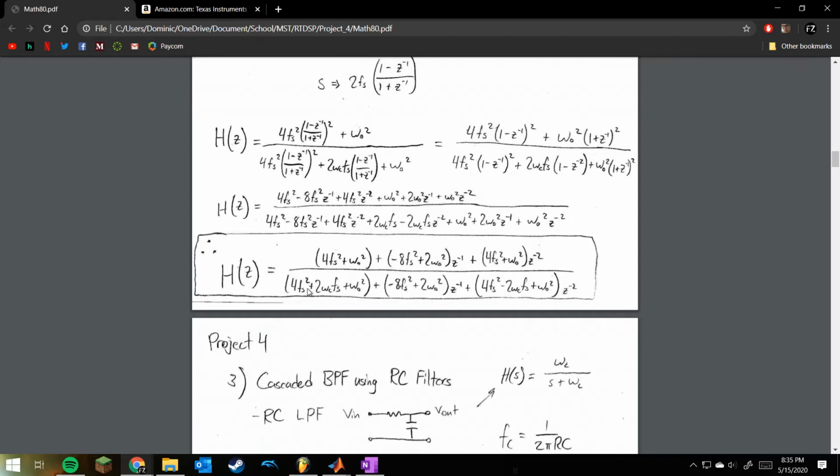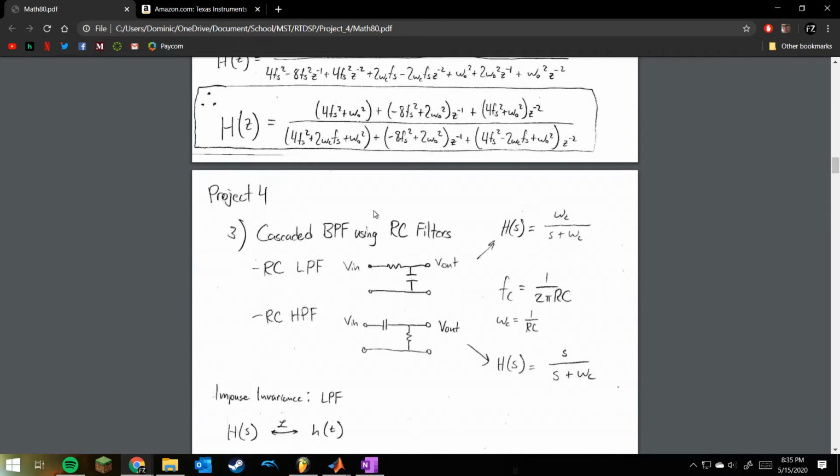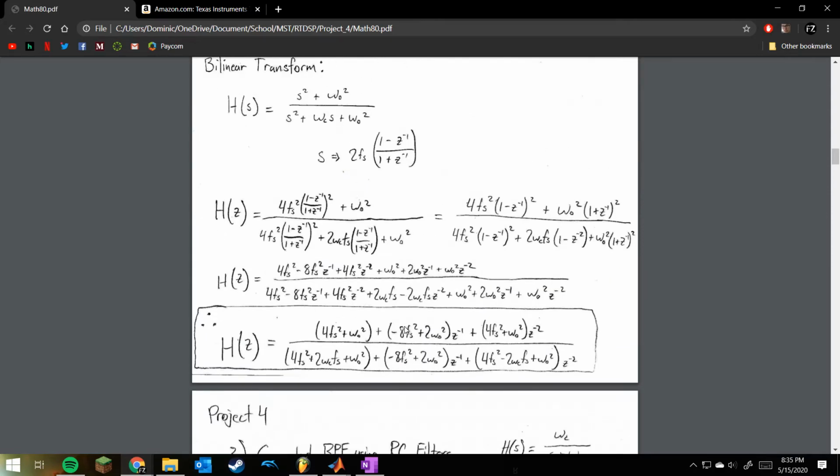So in MATLAB, in order to make this nicer, we go ahead and divide the numerator and denominator by this coefficient right here, so that this becomes 1, and everything else becomes much smaller value. And that's pretty much it.